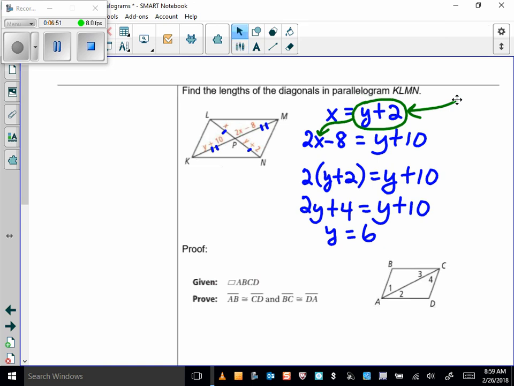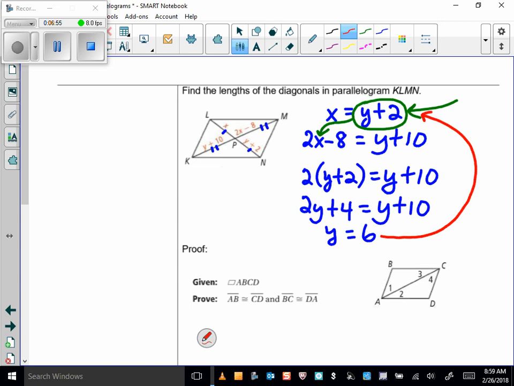So let's go back now and plug that y equals 6 into this first equation because it's a little bit simpler. So x is going to be 6 plus 2, so x is 8, and so there we are. So there's the solution. If we needed to write a solution, we would write 8, 6, but they didn't ask us for a solution. They asked us to find the lengths of the diagonals.